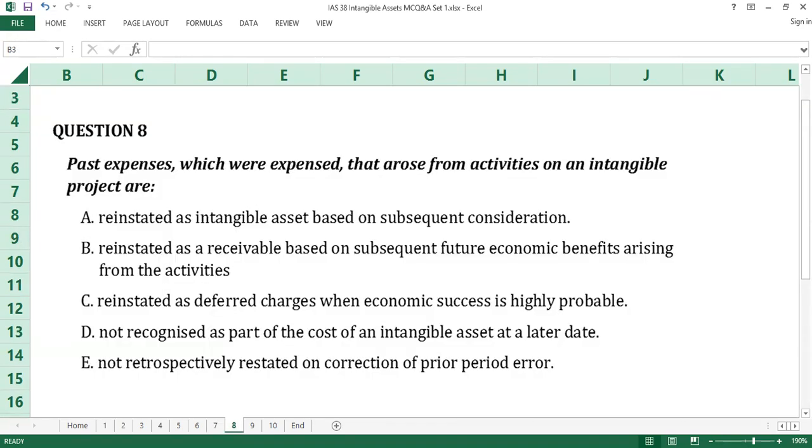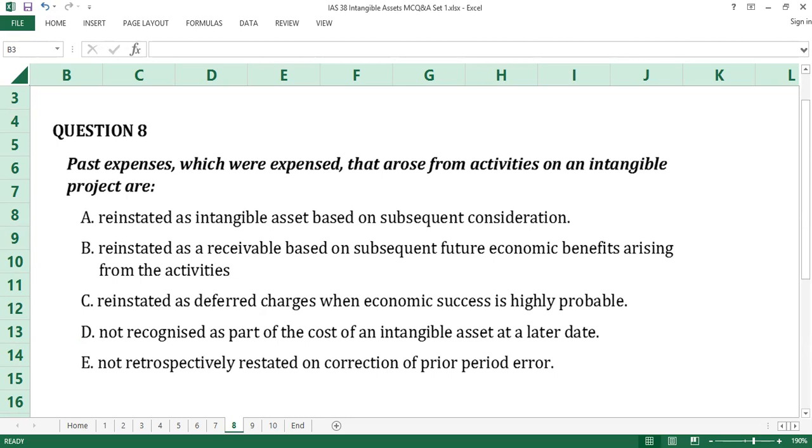Question number 8. Past expenses which were expensed that arose from activities on an intangible project are dash. A. Reinstated as intangible assets based on subsequent consideration. B. Reinstated as receivable based on subsequent future economic benefits arising from the activities. C. Reinstated as deferred charges when economic success is highly probable. D. Not recognized as part of the cost of an intangible asset at a later date.